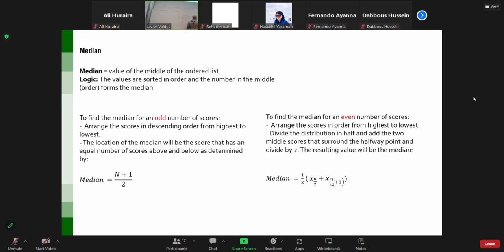But if we have 1, 2, 3, 4, I will have to identify the points in the middle, take those two and divide by 2, giving 2.5. Yes? These are the formulas.